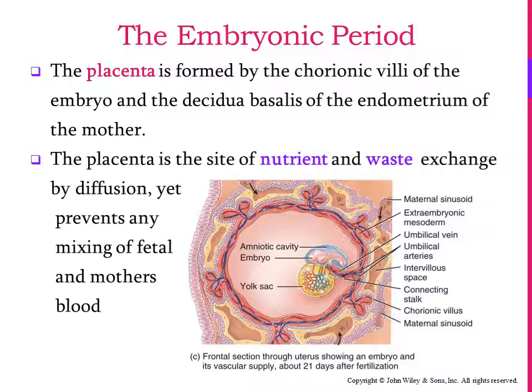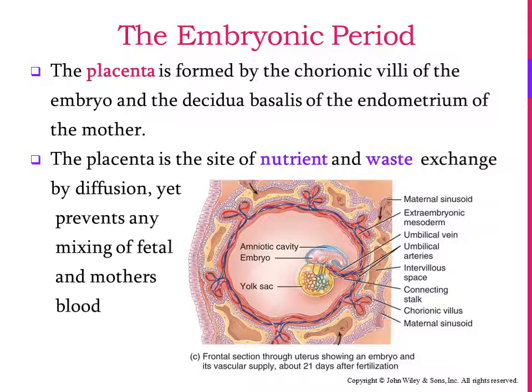Now please pay attention to this slide. The placenta is a specialized organ that develops during a pregnancy. It's formed in part by cells of the embryo and cells of the endometrium of the uterus. So specifically, the chorionic villi of the embryo and the decidua basalis of the endometrium give rise to this specialized organ.